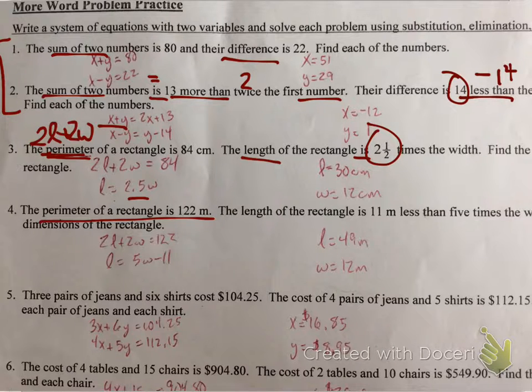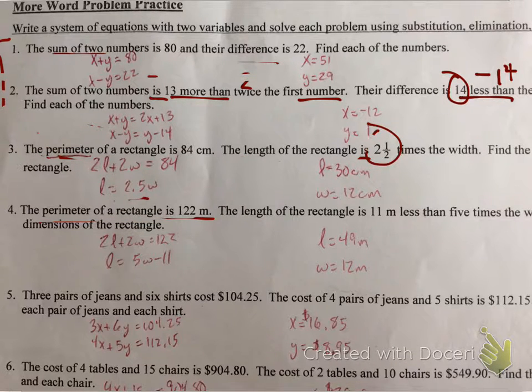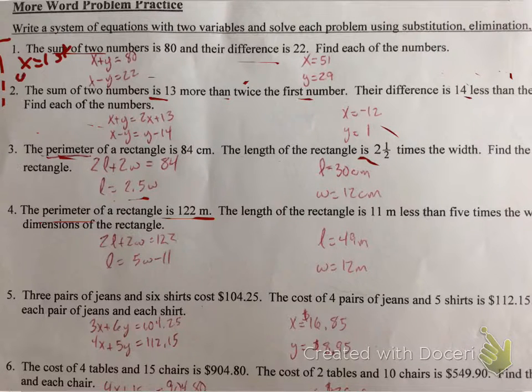And again, I would take note, even though I didn't do that here, and I should have, but I was rushing through trying to get these answers as quickly as I could for y'all. Make sure you take note of x here is the first number, y is the second, or here, perimeter, L is length, W is width, and go from there.